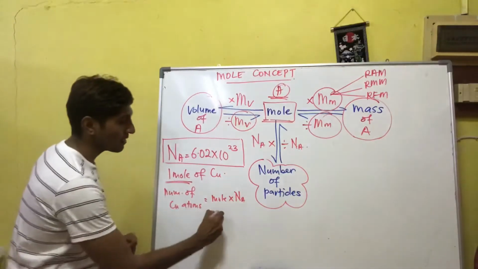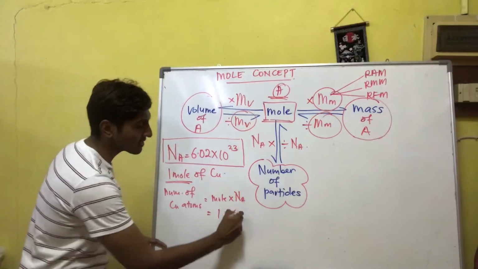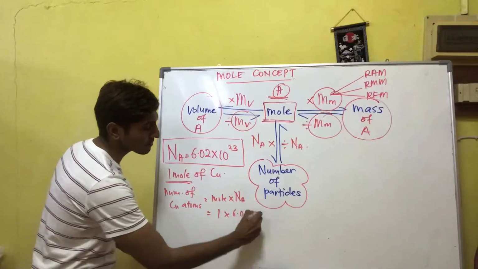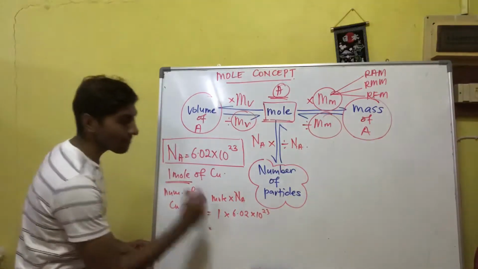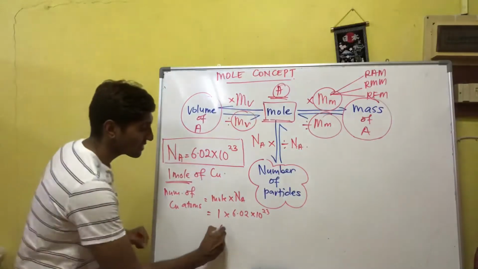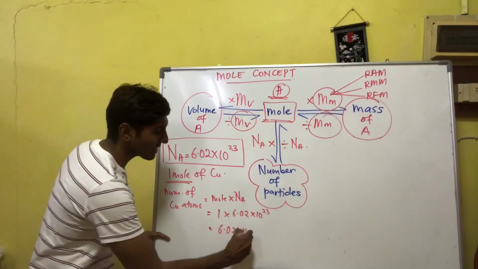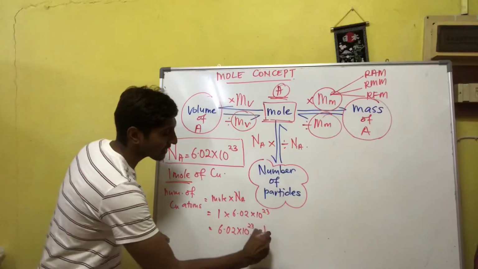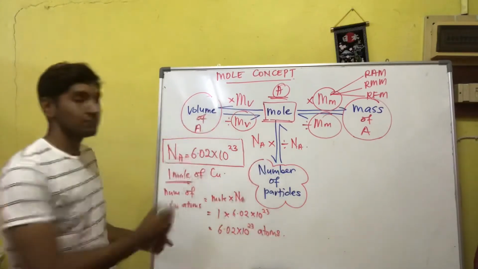So it would be 1 times 6.02 times 10 to the power of 23. With that being said, 1 mole of copper contains 6.02 times 10 to the power of 23 atoms in total.